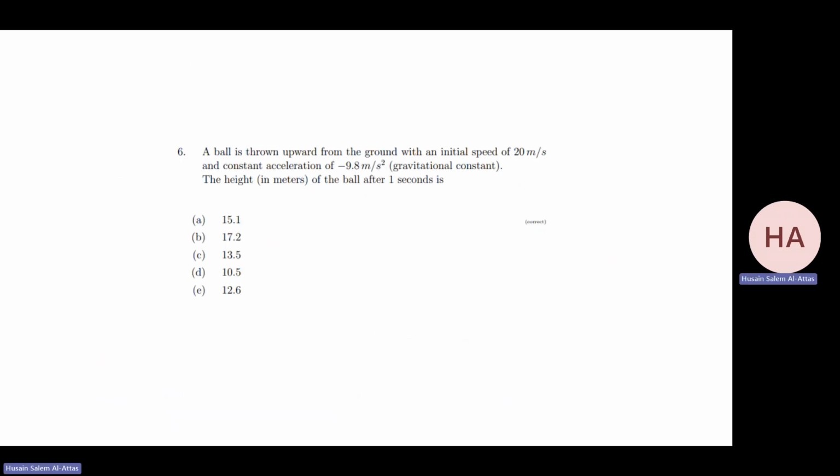Okay. Polystyrene thrown upward from the ground with this initial speed. So I have v at 0 equals 20. Constant acceleration. So I have a of t equals minus 9.8.